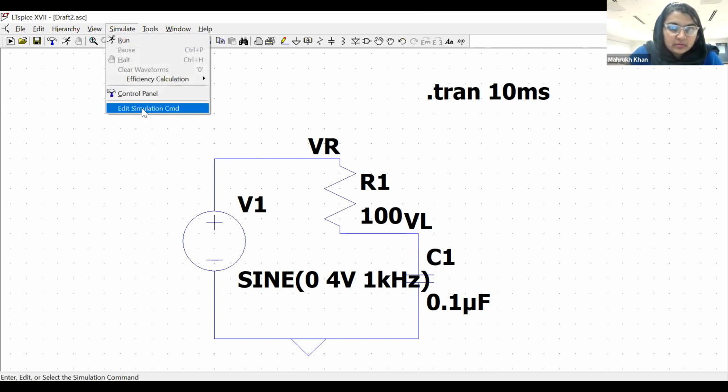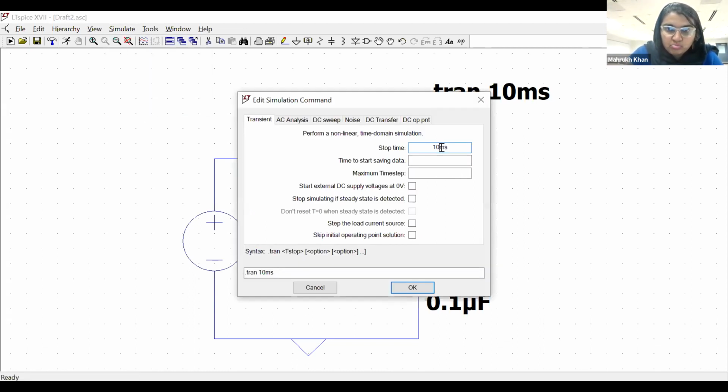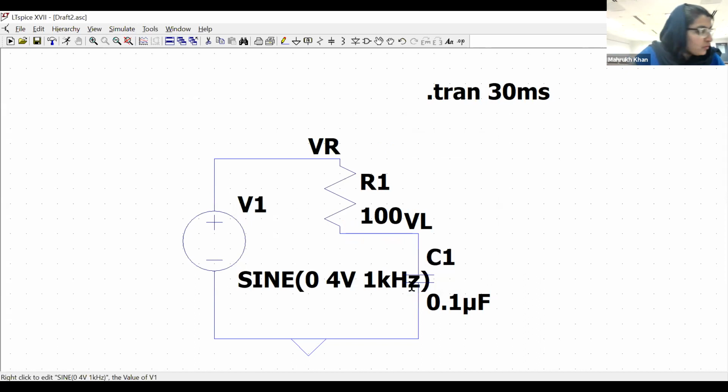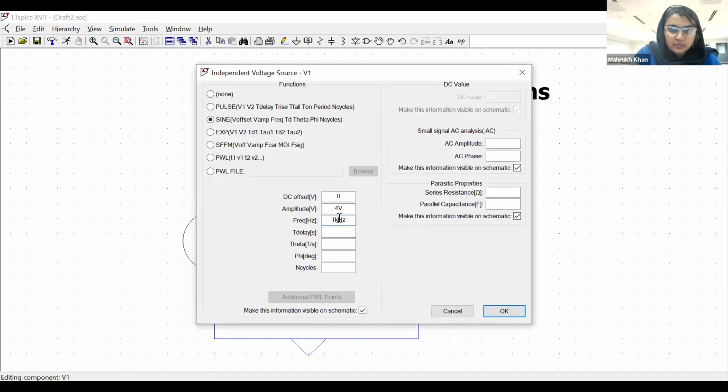at 50. Let's see. Okay, so it should not be kilohertz. It should be 100 hertz. Okay, let's see.